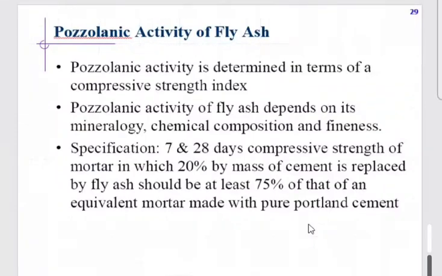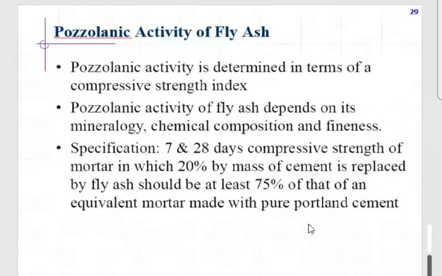So what is pozzolanic activity? If we prepare a cement mixture and find out the 28-day strength, and we find that your cement is giving a strength of about 100 megapascal. Clear? So what happens if you add, let's say, 20%, 15%?